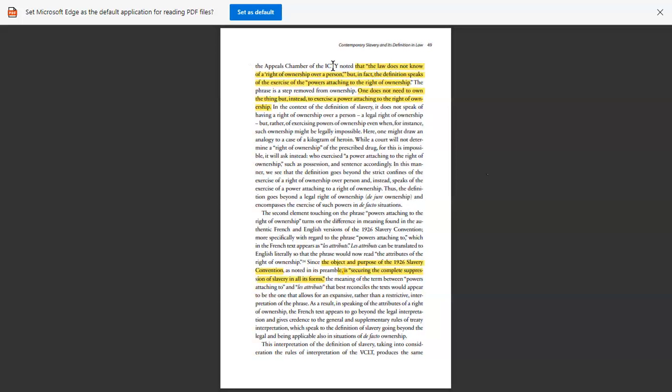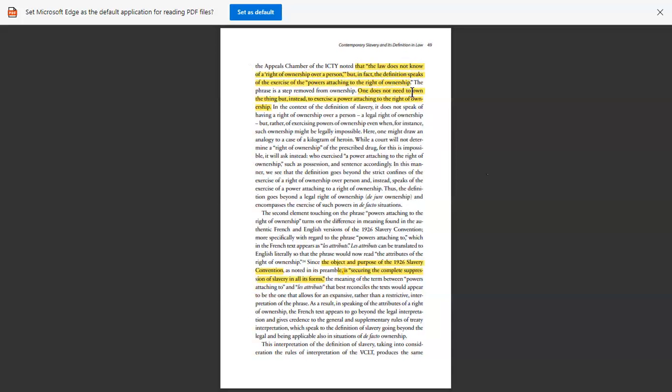So again, in these conventions, the law does not know of a right of ownership over a person, but in fact the definition speaks of the exercise of the powers attaching to the right of ownership. If you're showing that you have the power of the right of ownership, then in effect you are breaking the contemporary aspect of condition, because the law no longer allows you to say that I'm being owned or that you're being owned.